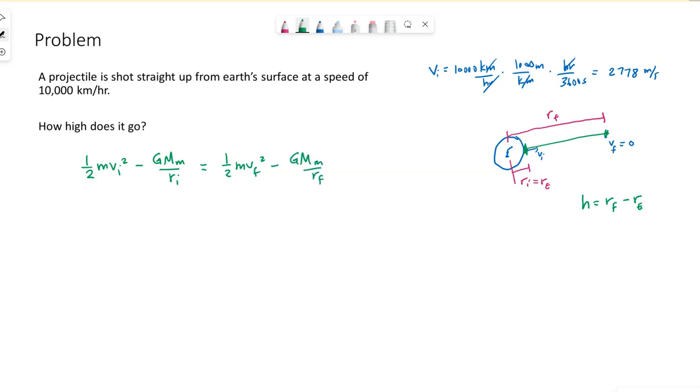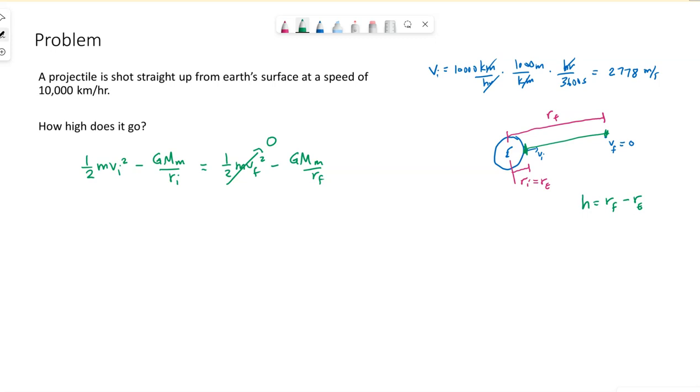Now again, we have to use the negative GMm over R for the potential energy because we're dealing with large distances from the Earth. Now, V final is 0. We expect it will slow down. This projectile is going to slow down, for a split second it will stop and then come back. And so our equation simplifies a little bit because that final kinetic energy term goes to 0.